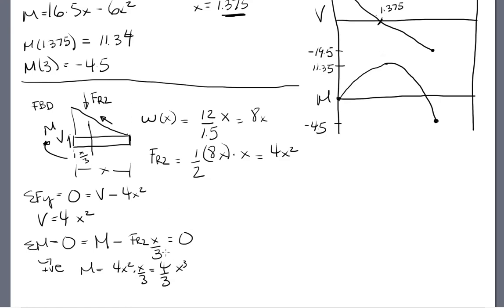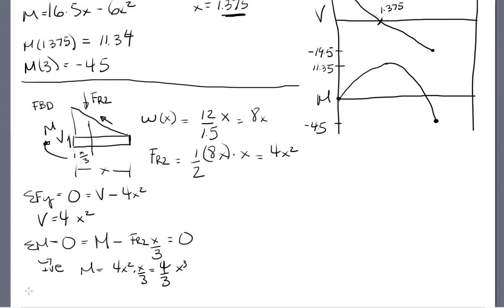So now we have an M and a V. And one more time, look at V and look at x. If I differentiate M, I get 4 over 3 times 3x squared, which is 4x squared. So we've just validated, when we do it by analysis, that once we know this curve, we can get this curve.